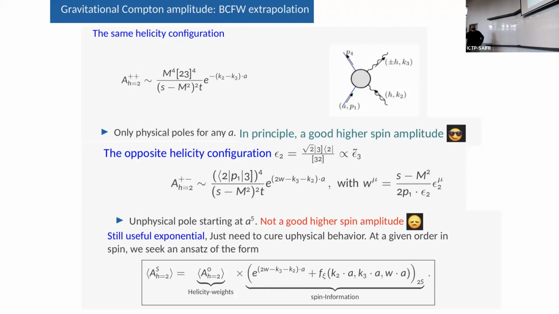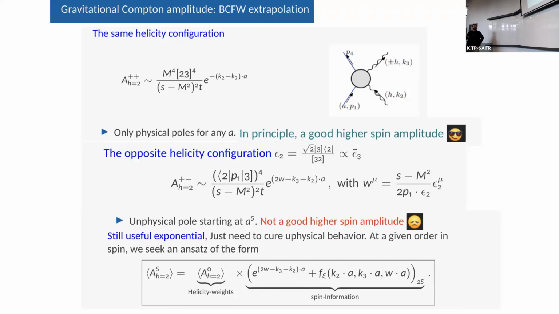But the more interesting case is the helicity preserving amplitude. We have seen before that we have this exponential, and we said that it gets sick if you expand it at fifth order in spin, because you start to have contributions from spurious poles. So our answer for this amplitude had better correct those spurious poles.